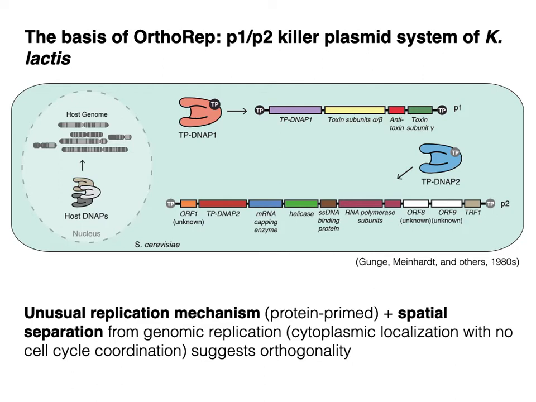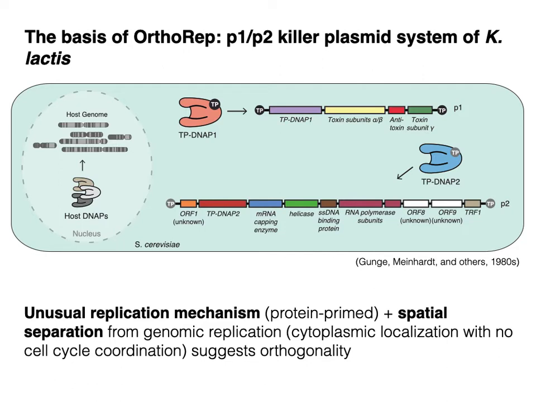It was speculated that these killer plasmids were replicated by the DNA polymerases that are encoded on them. For instance, TP-DNAP1 is replicating the P1 plasmid. We've subsequently shown that this is indeed the case.